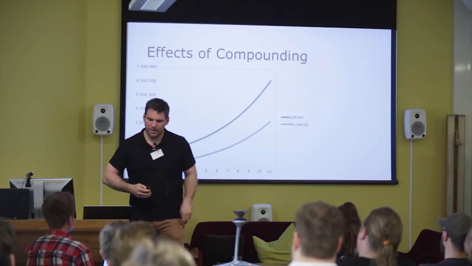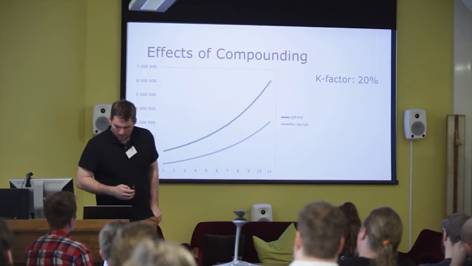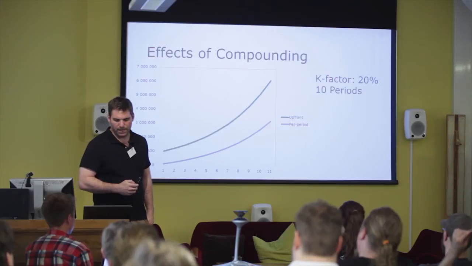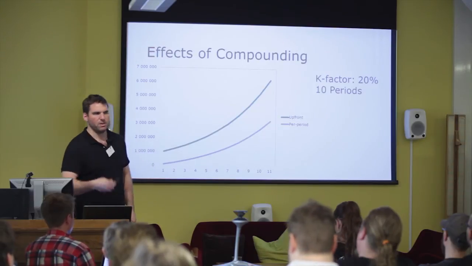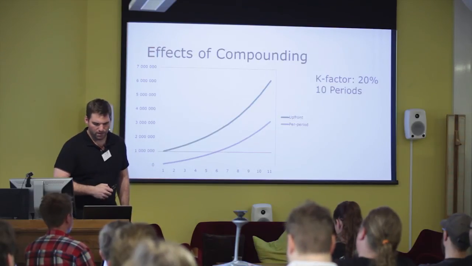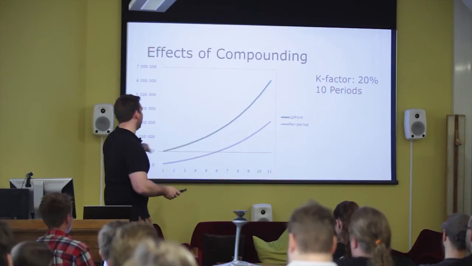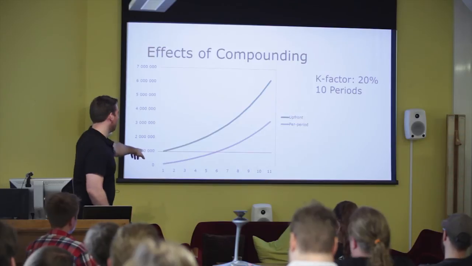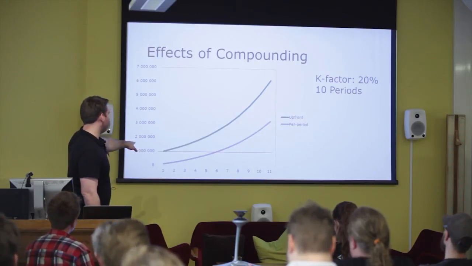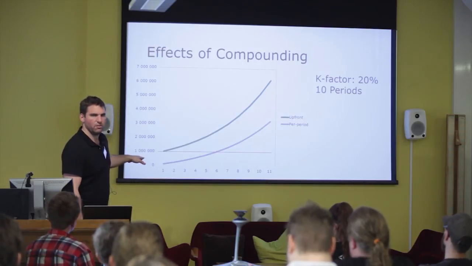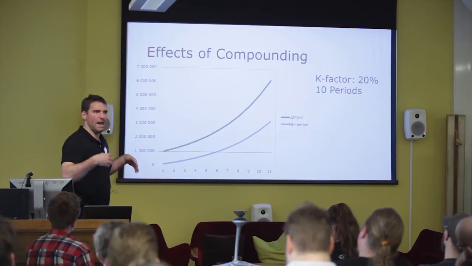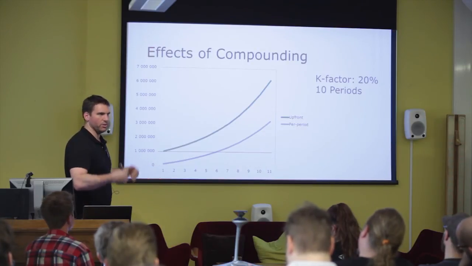So just to illustrate the effects of compounding, here's a game with a K factor of 20% over 10 periods, so that might be a day, a month, or whatever. The green line is the game that basically got 1 million users in day one, right? So they advertised and converted 1 million users in day one.